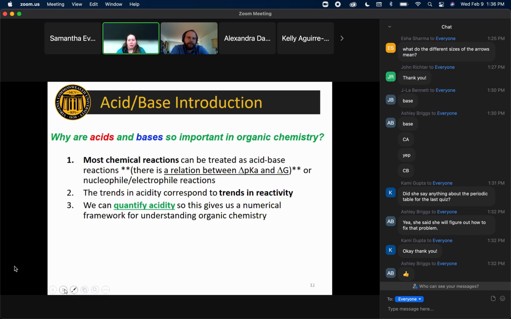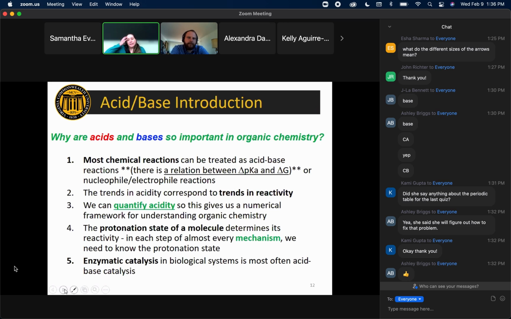Some benchmark numbers. And then finally, here's the more philosophical part of it: what we are going to be thinking about and talking about for really the whole semester is how molecules behave when they're interacting with each other. And so the protonation state of that molecule is important to knowing how that molecule is going to react, right?